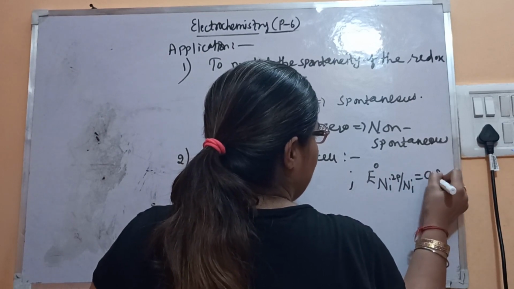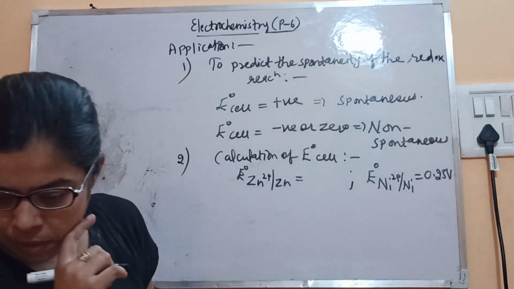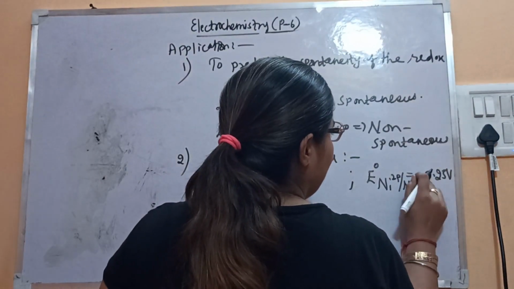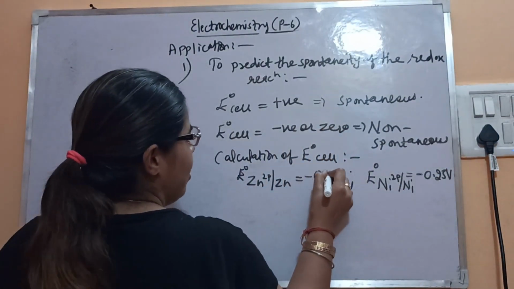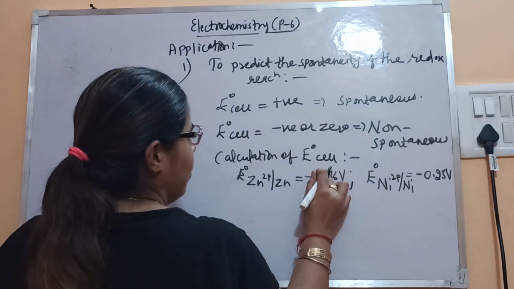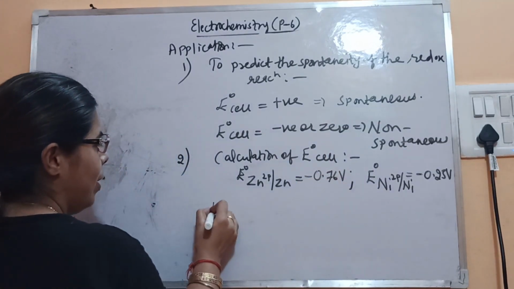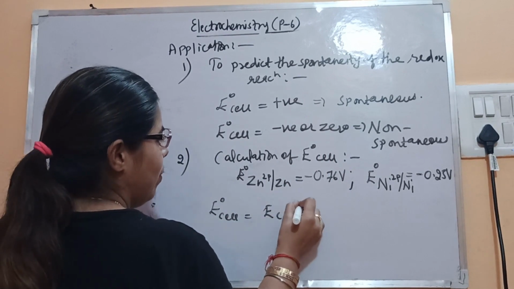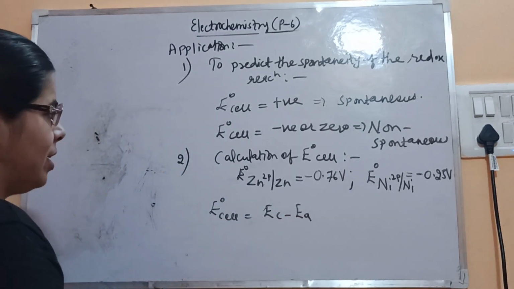This is minus 0.25 volt. And this we know, minus 0.76 volt. So let's calculate E naught: E cathode minus E anode. So first identify what is anode and what is cathode here.